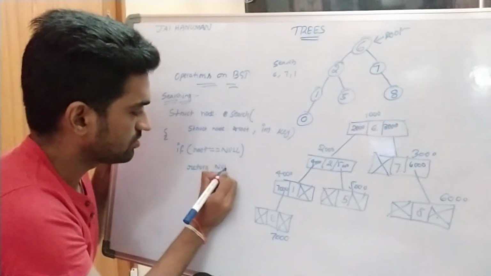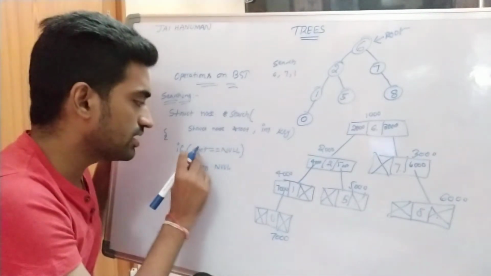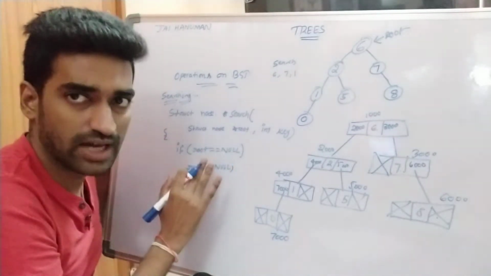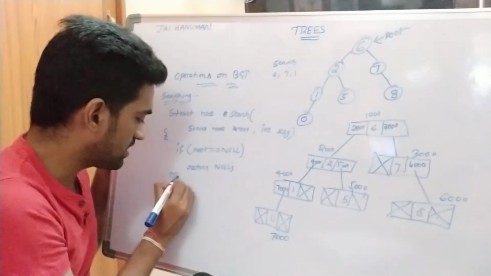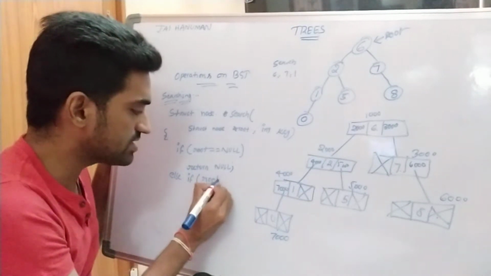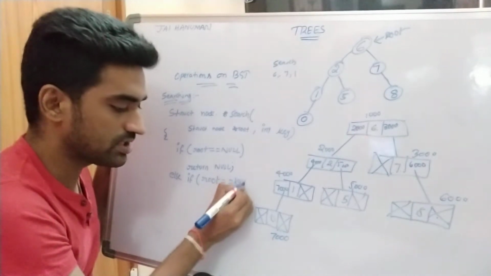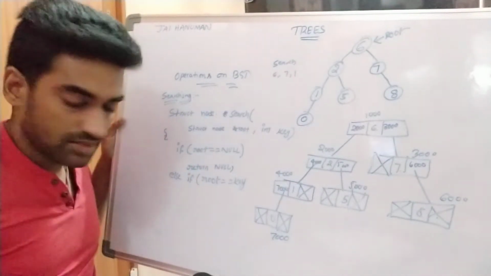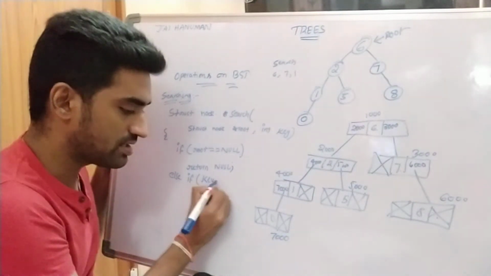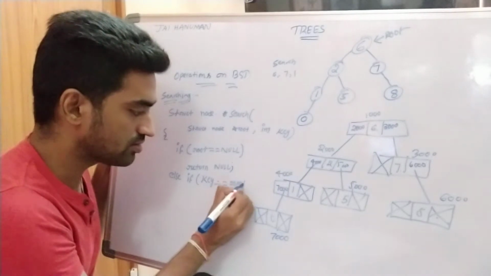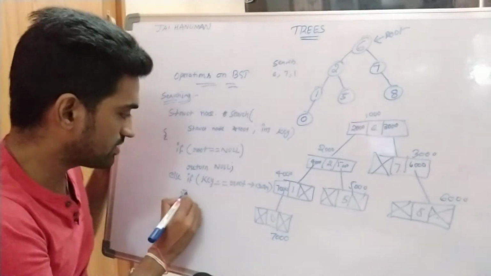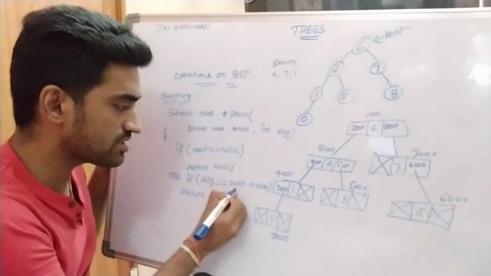Return null. So here root is empty, the tree does not exist, so compulsorily it returns a null value. Otherwise, in else we are checking one more condition: root data is equal to key. So if the searching element key is equal to root data, then return the key element, which is the root.